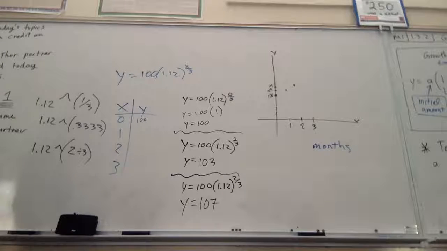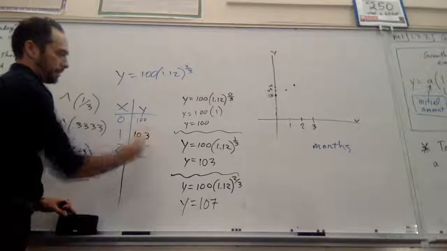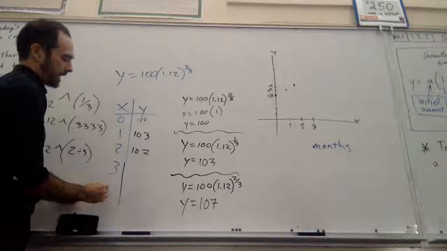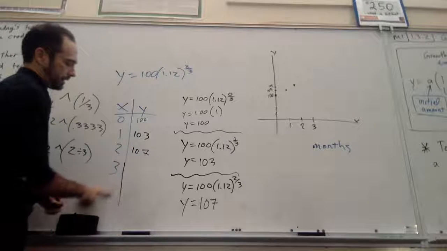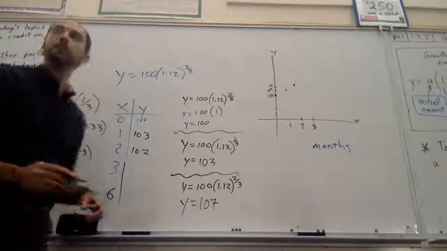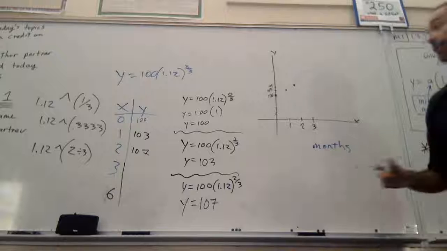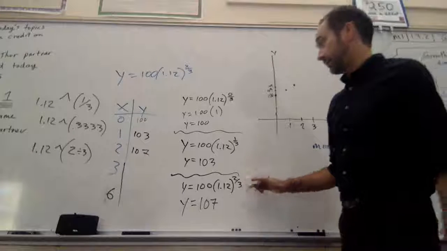I'm going to have us do one more after this. We just got 103. We got 107. I want to see what's happening out at, let's go out at like 6 years. The third one should be pretty quick here when we do the next one.